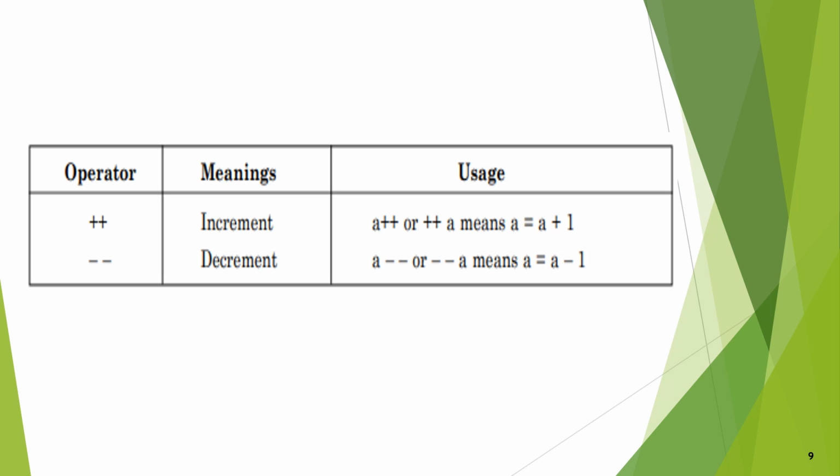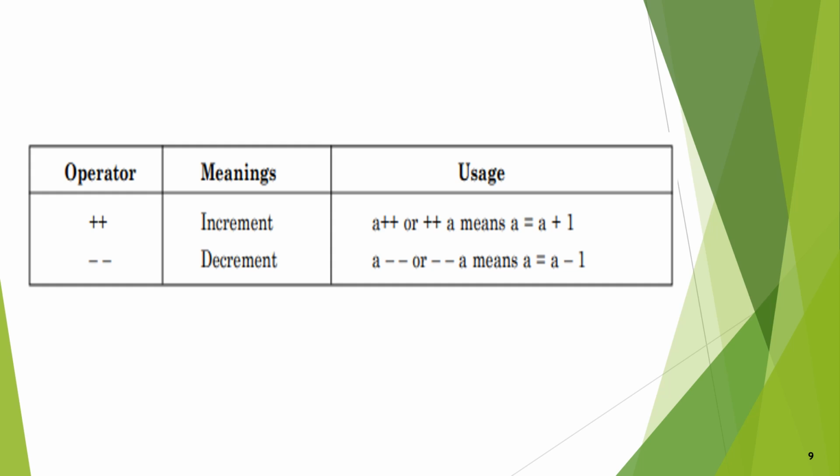Use of these two operators is given in the table. First column is showing an operator. Second, meaning of the operator is given, and in third column use of that operator is given. So consider plus plus. It is called as increment operator, and we can write it a plus plus or plus plus a, and meaning of it is we are incrementing the value of a by 1.